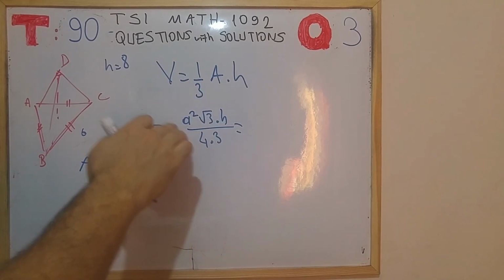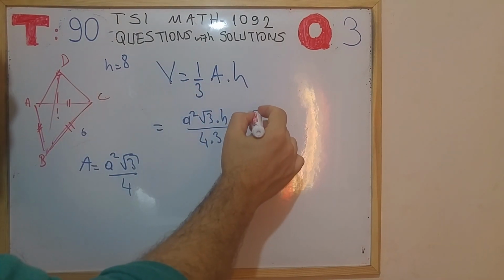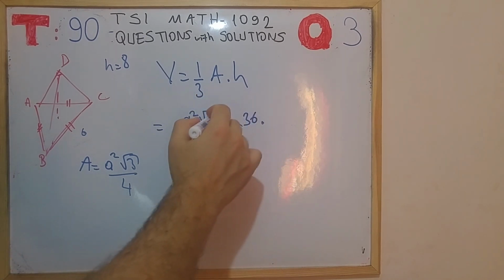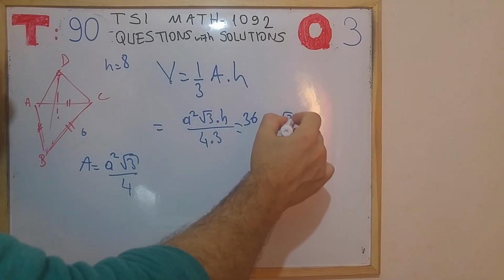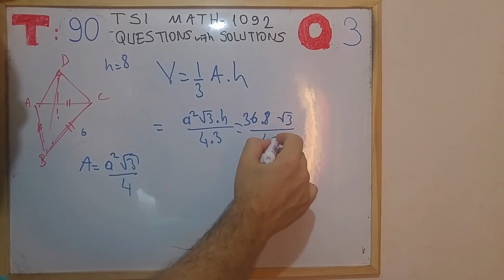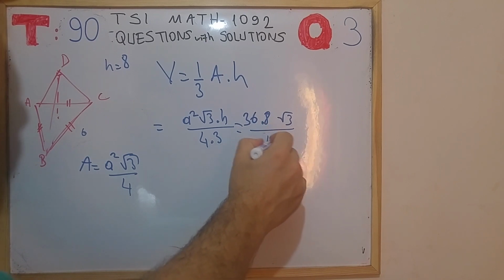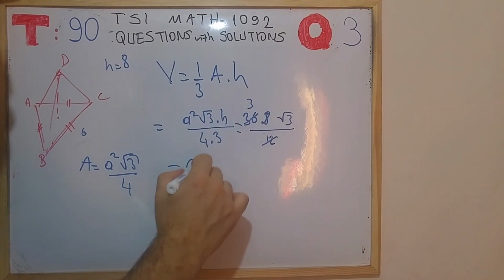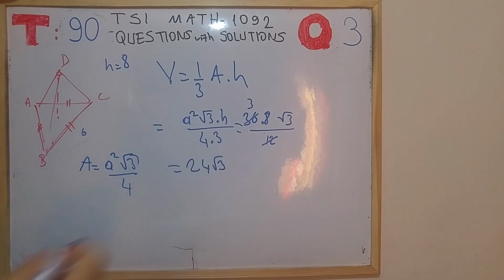A is given as 6, so that is 36 times square root of 3, and the height is equal to 8, divided by 4 times 3, that is equal to 12. So simplifying, this is going to be 3, so what I have is 24 square root of 3.